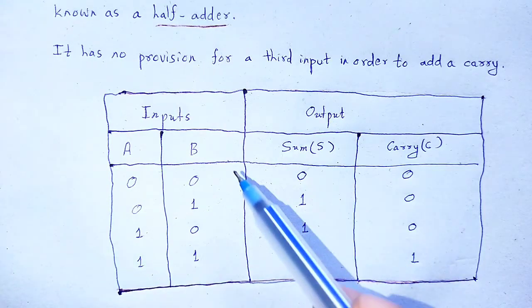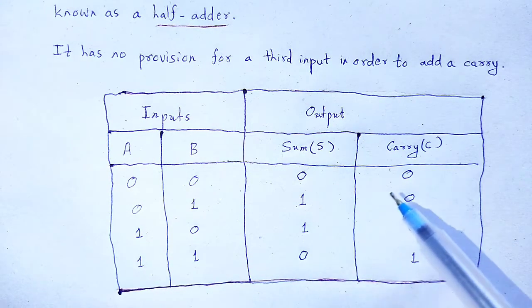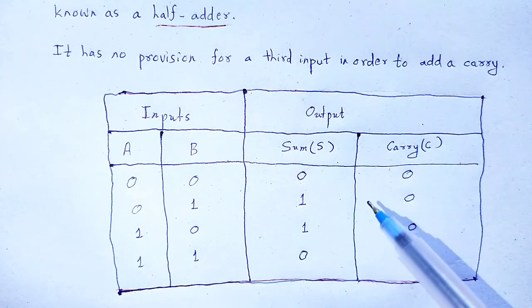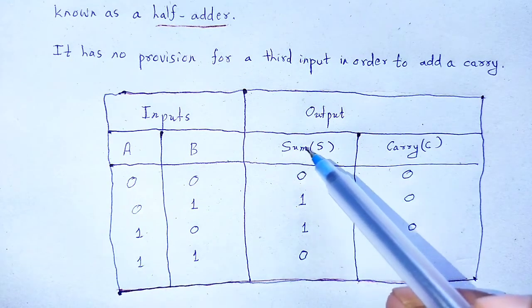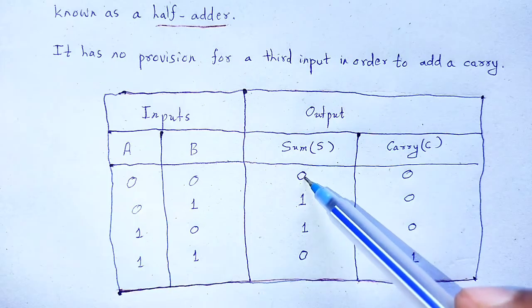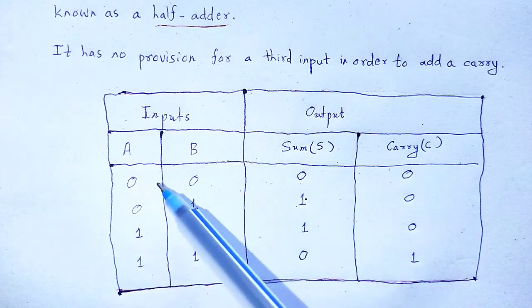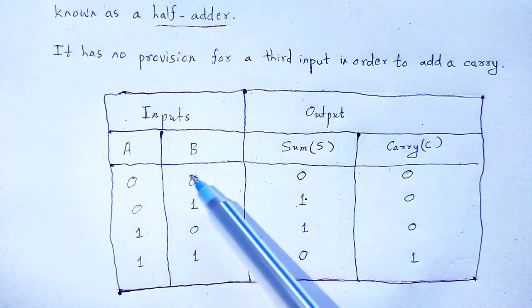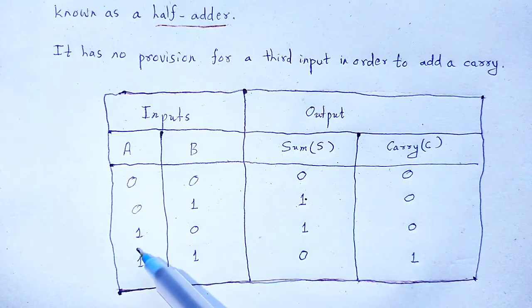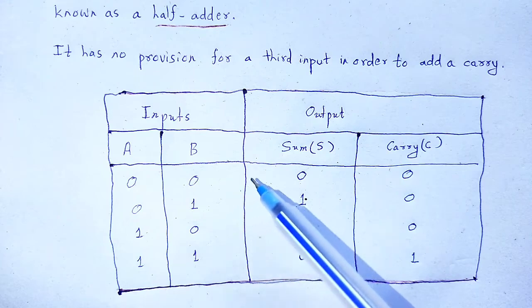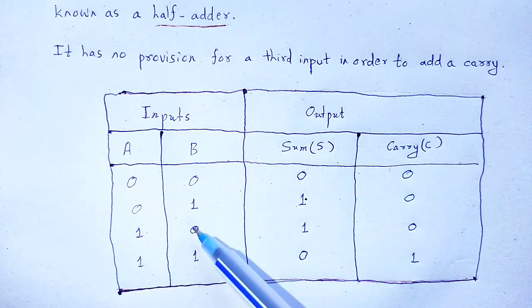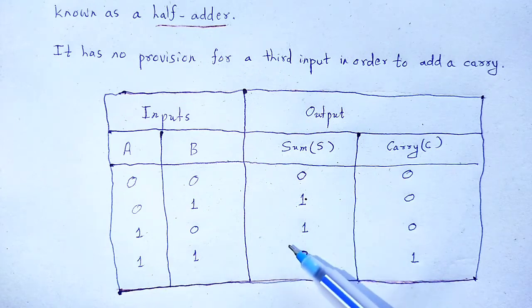Look carefully at the truth table. In the sum column S, we have 0 1 1 0, for inputs 00, 01, 10, 11. If either one of the inputs is high, then the output will be high.